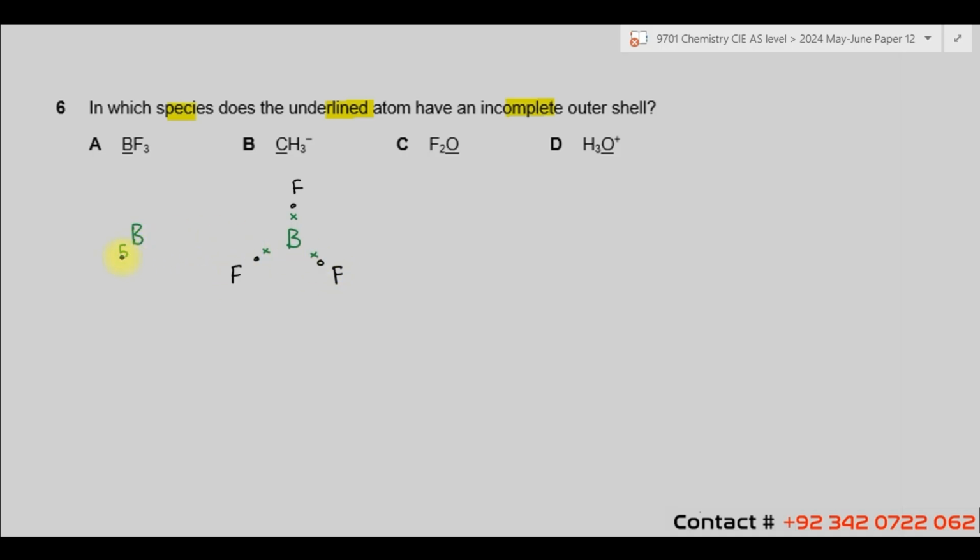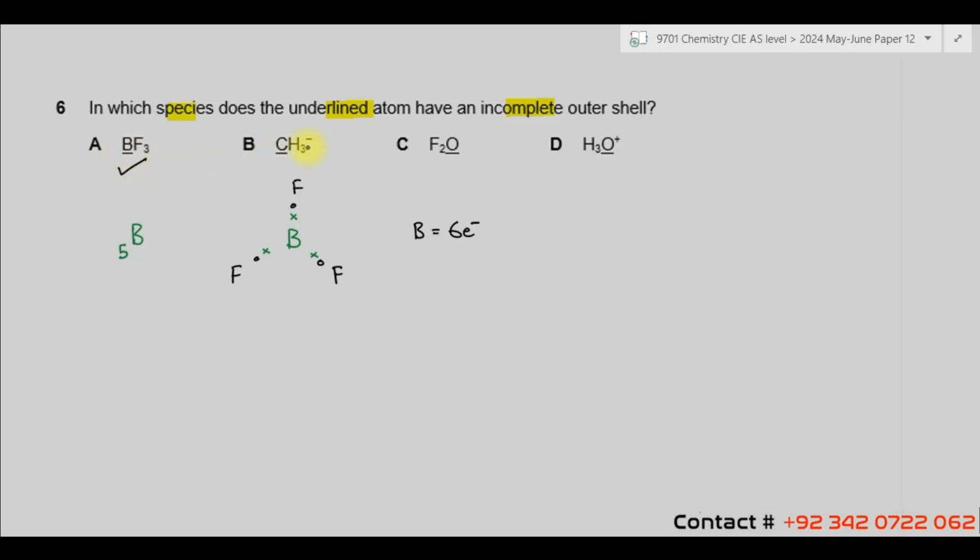The inner shell's 2 electrons are not involved in bonding. Now we can see that in total there are 6 electrons around boron atoms. So 6 electrons means it is electron deficient. It does not have a full octet, so A is the correct option.